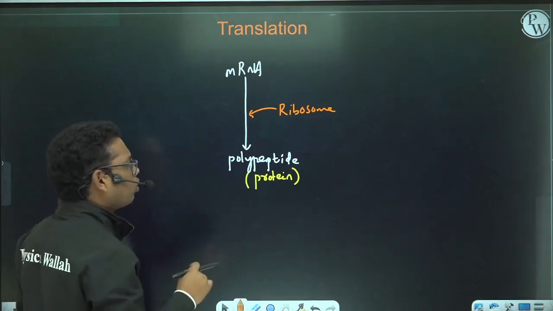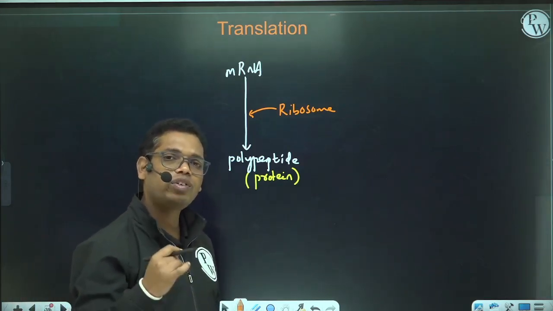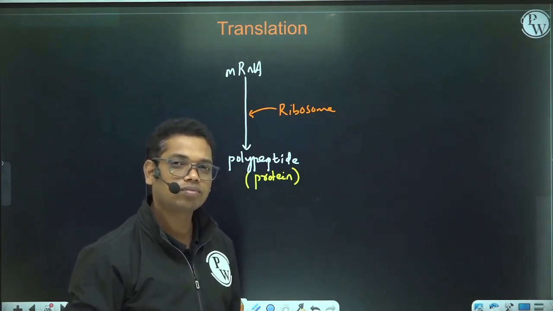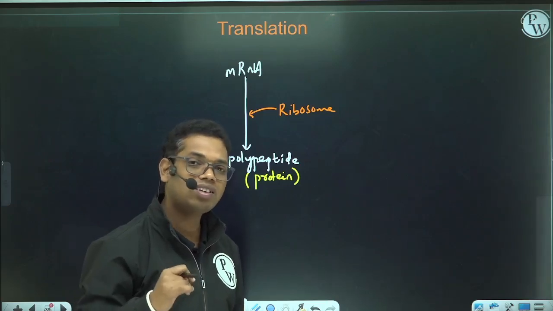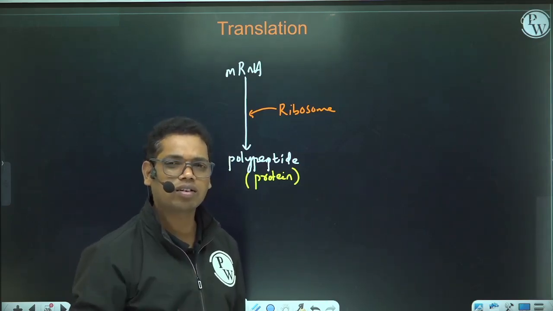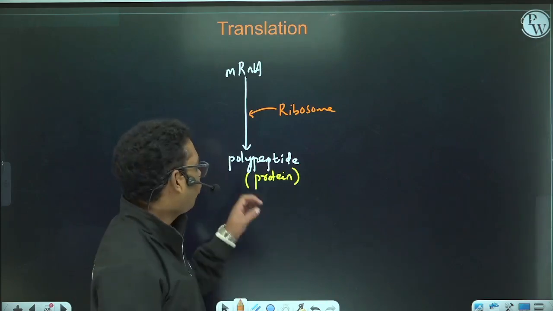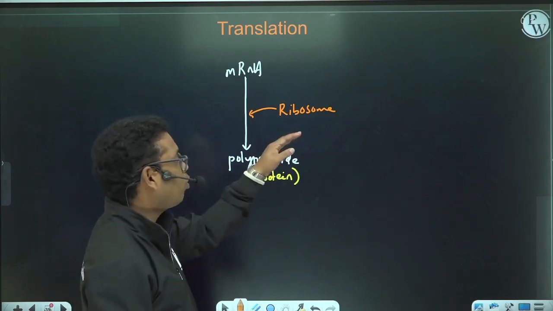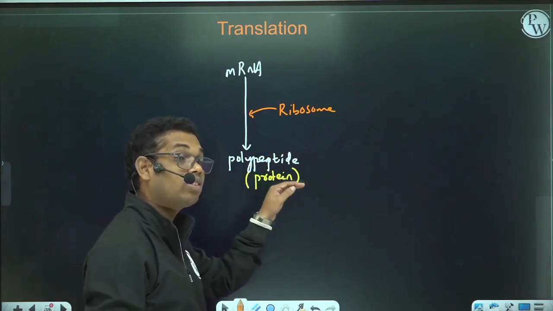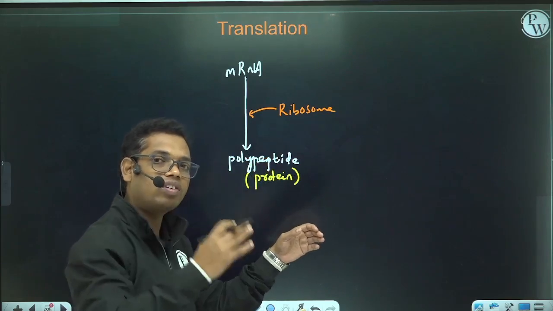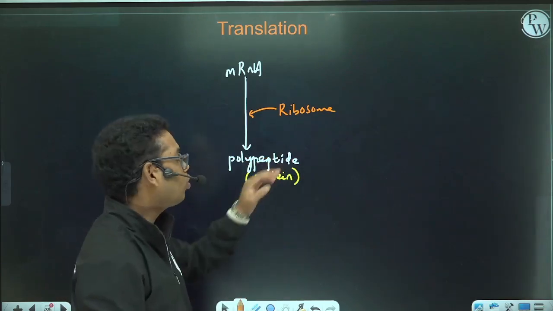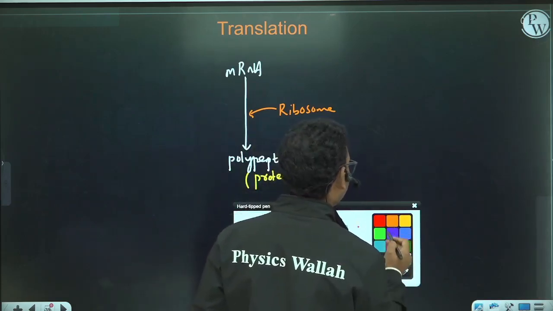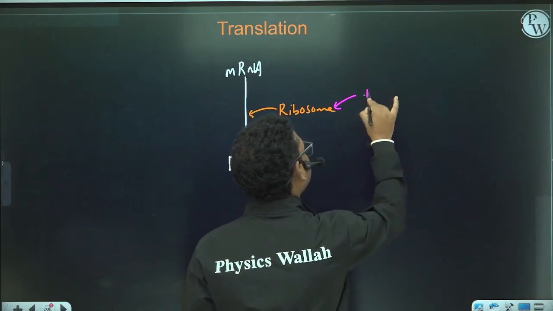If I ask you which RNA is involved in translation, and your answer is mRNA only, you are incorrect. Why? Polypeptide is basically a polymer of amino acids. When the ribosome is synthesizing a polypeptide, it is adding amino acids one after another. Who is going to bring those amino acids to the ribosome? It is the tRNA.